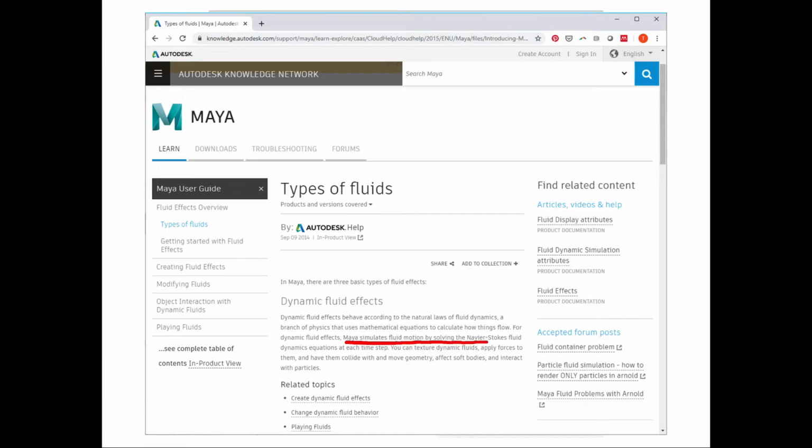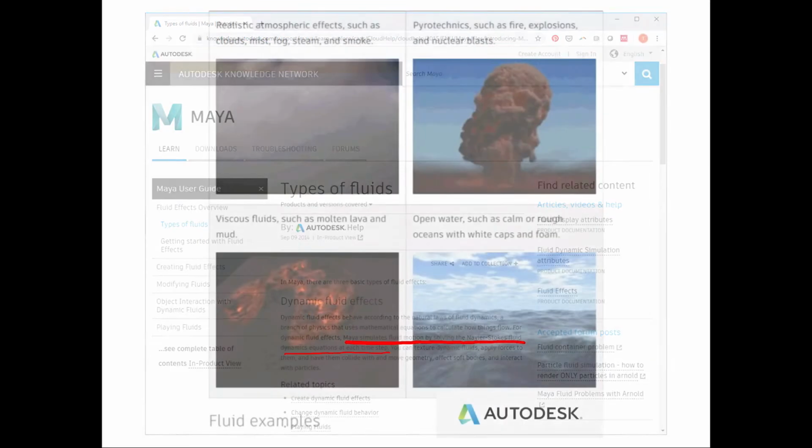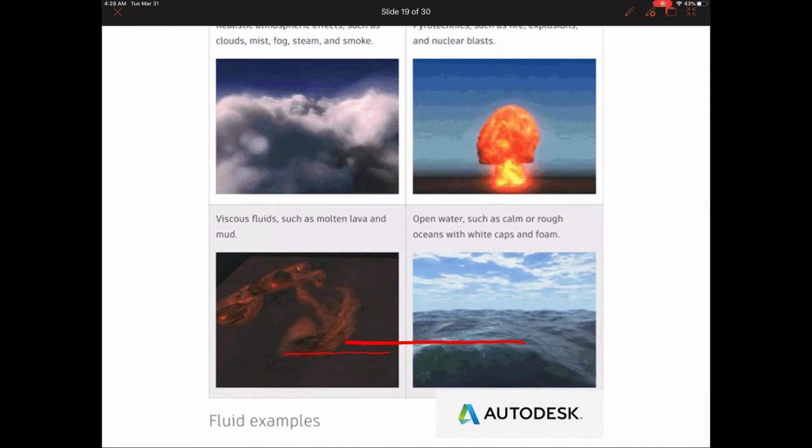In fact, they acknowledge it in the description of some of the software programs they have here. Maya simulates fluid motion by solving the Navier-Stokes fluid dynamics equations at each step. So they throw enormous computational power at these problems to model what fluids look like in the absence of an analytical solution to the Navier-Stokes equations.